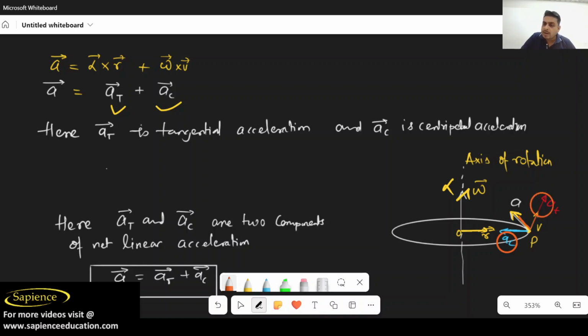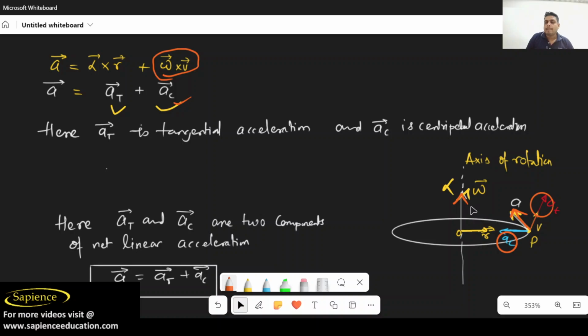That's why we get the resultant acceleration a as one tangential and one centripetal. Why is centripetal acceleration written as omega cross v? Since omega is like this and v is like this, if I cross omega with v, what will happen?